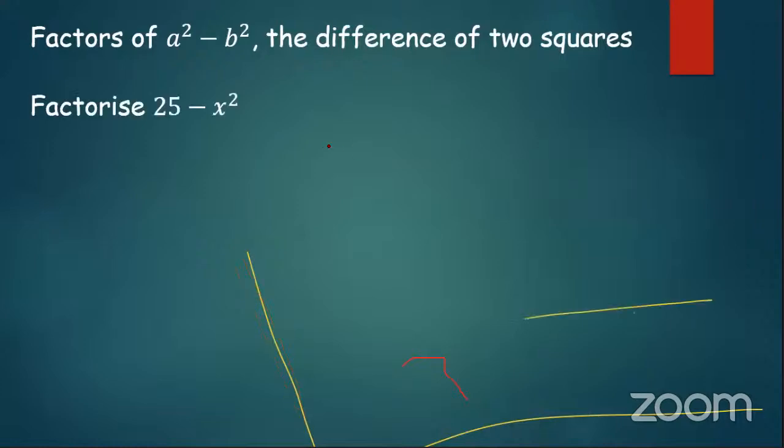Okay, example 2: 25 minus x squared. Can we do that very fast? 25 minus x squared.